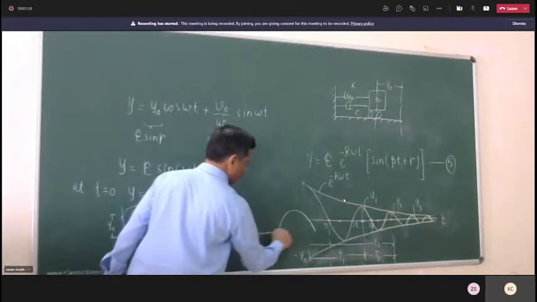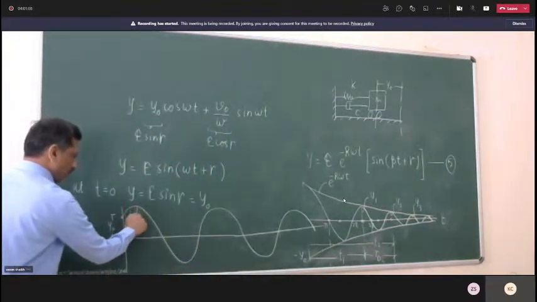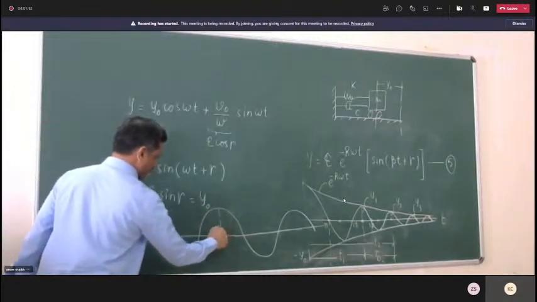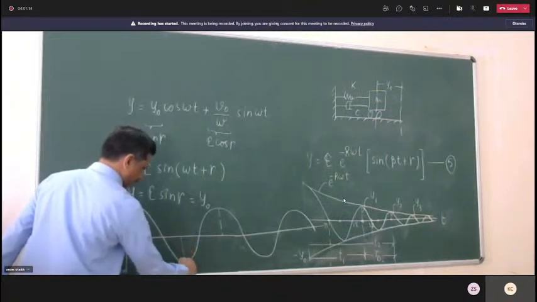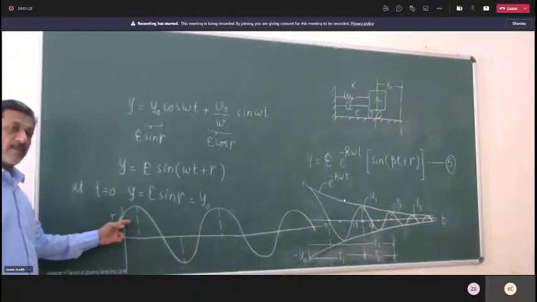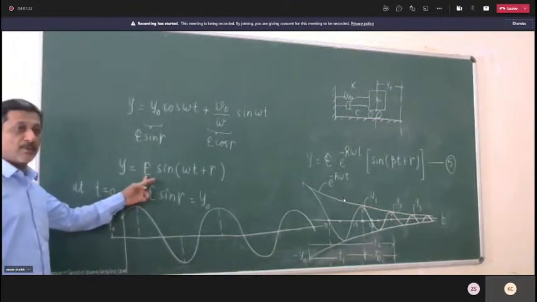It's an undamped system, so whatever maximum amplitude you get is going to remain constant. And what is the maximum amplitude? y0 is not the maximum amplitude. This equation can help you to find out maximum amplitude.